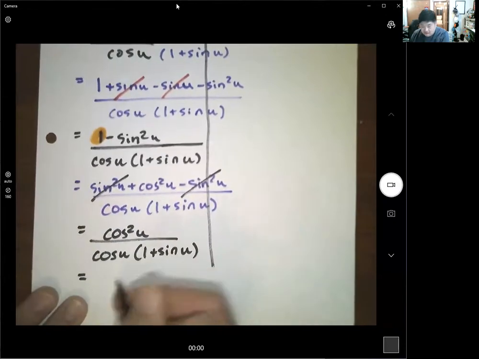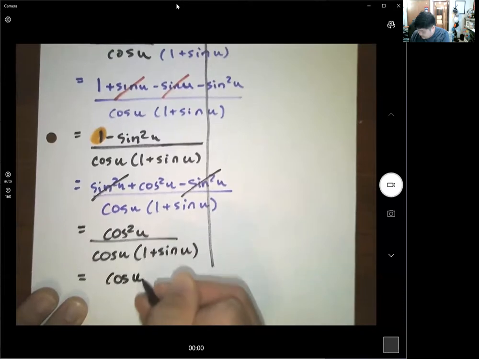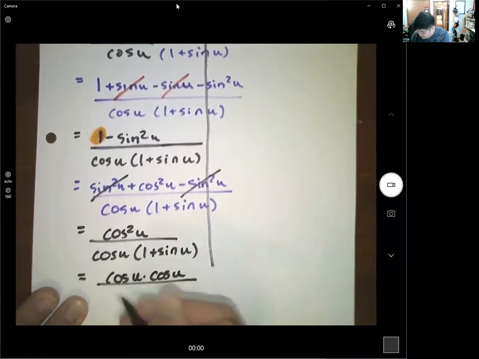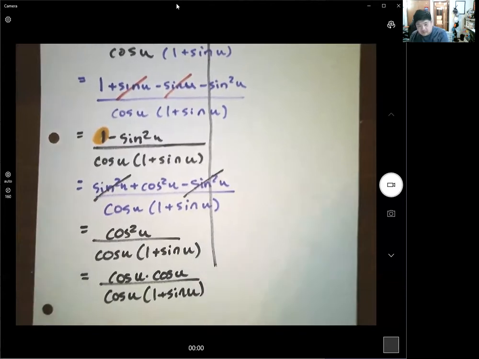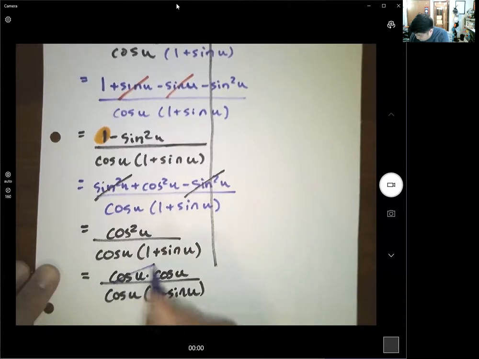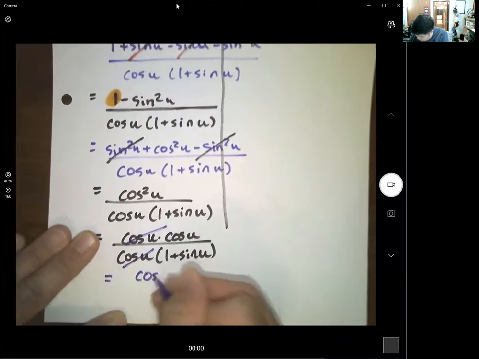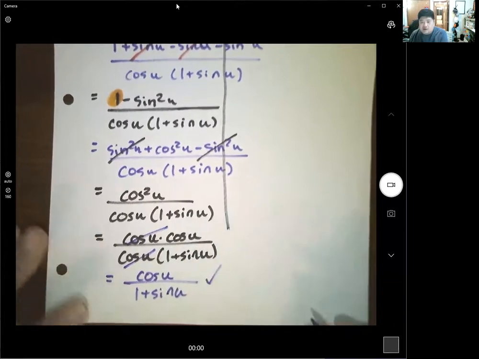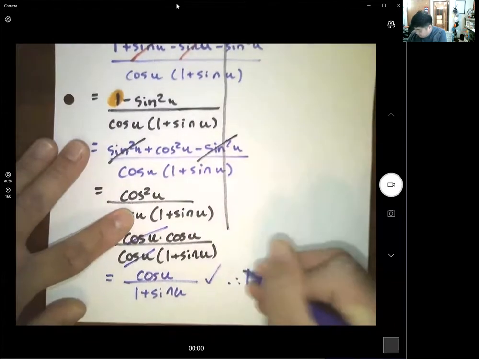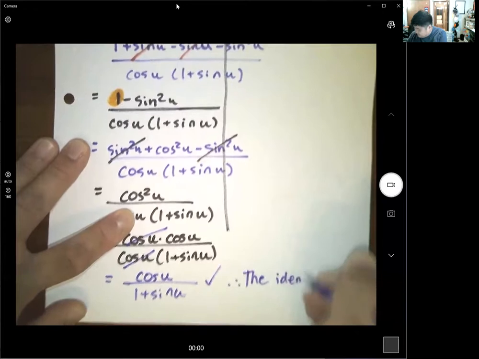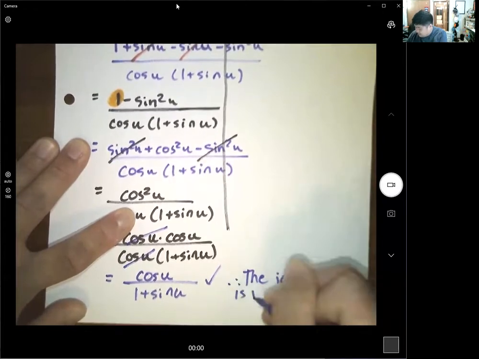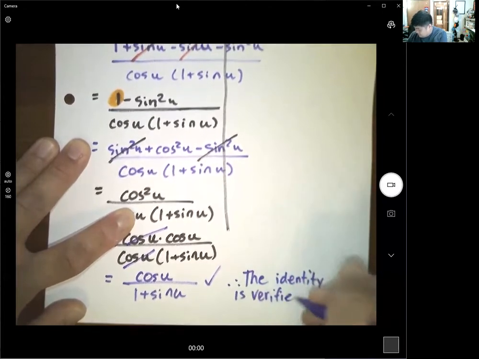So cosine squared u is cosine of u times cosine of u. And then we have the denominator here. So then cosine of u divides out. So I'm left with cosine of u all over 1 plus sine of u. And that's what I wanted to show. So therefore, the identity is verified.